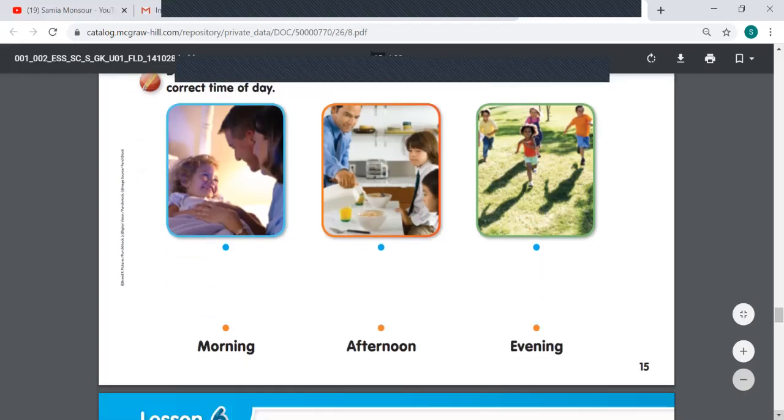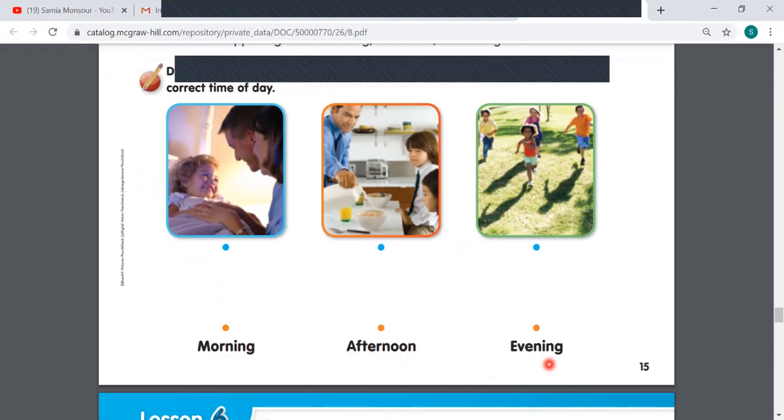What you're going to do is draw a line. This says morning. Afternoon, remember, afternoon is when you eat lunch. It's around that time of the day. And then evening. And evening is the time of day you eat dinner. And it becomes bedtime. Morning is when we wake up and we eat breakfast.